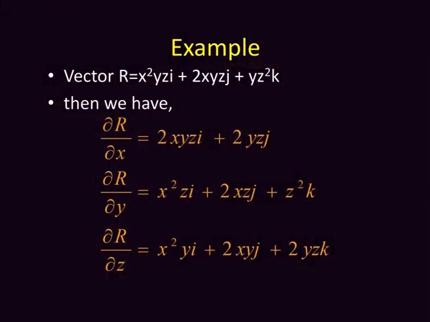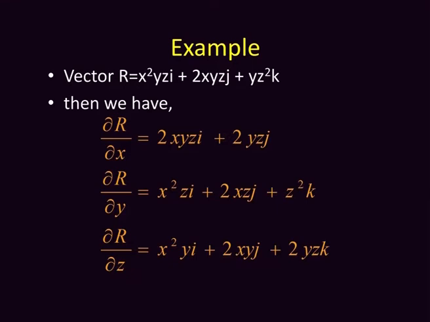Example showing the partial derivatives as follows. The vector r is defined as x square y z i plus twice x y z j plus y z square k, that is a vector function of 3 variables x, y and z. Then we have partial derivatives of r with respect to x, y and z as follows.